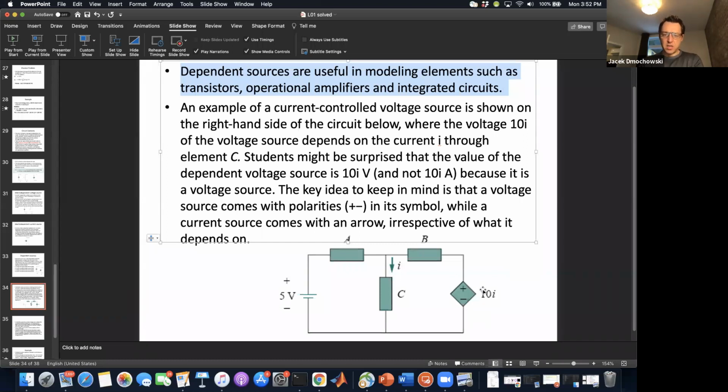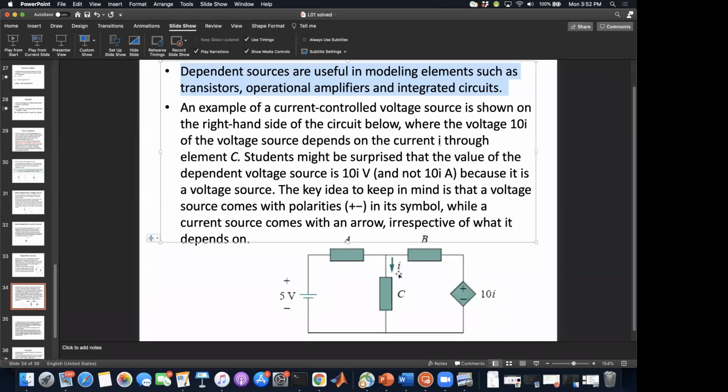First of all, who can tell me whether this is a voltage source or a current source? A voltage source. Great. And what is the value of this voltage source? 10I, because it's current dependent.